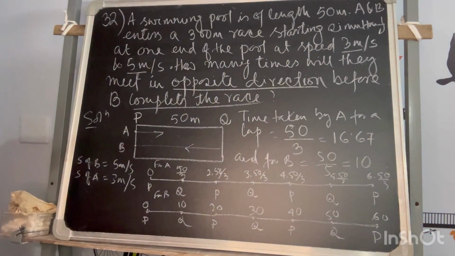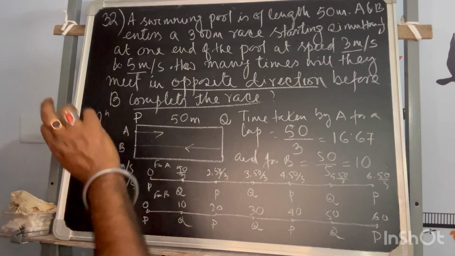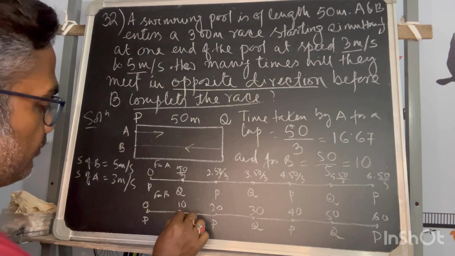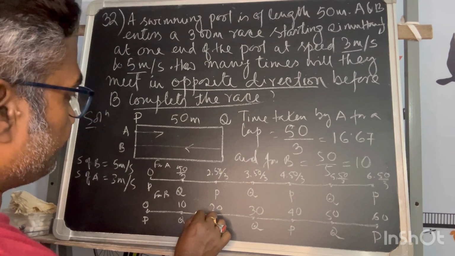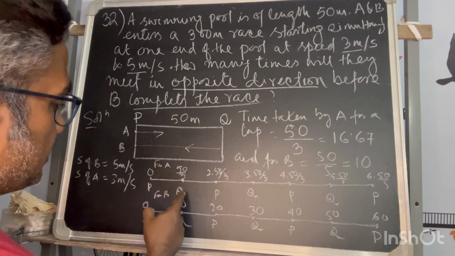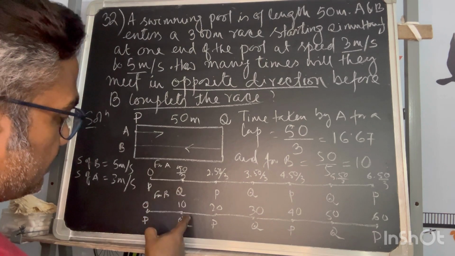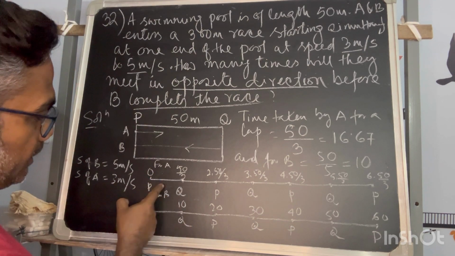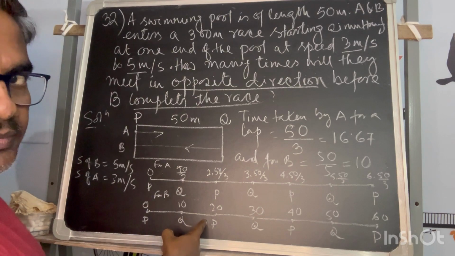Now you understand, it will be very easy. A is slower, B is faster. He will complete 1 lap in 10 seconds, then after that he will move in the opposite direction, Q to P. So a meeting is possible when their directions are different. When A travels P to Q, B has to travel Q to P, that is for sure.